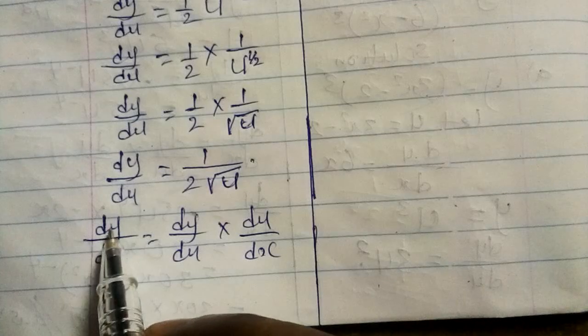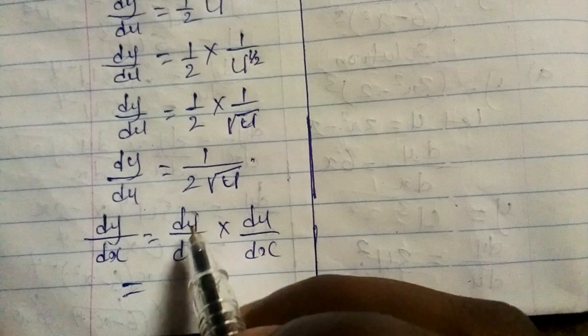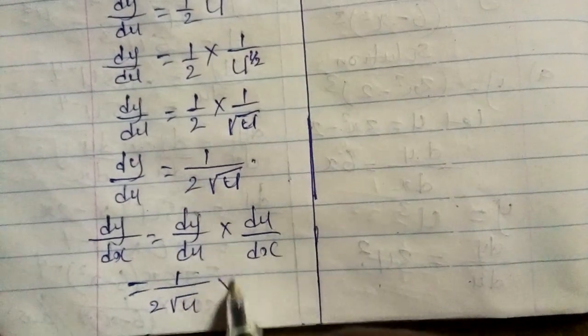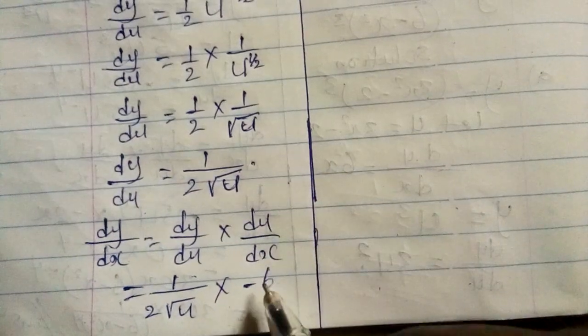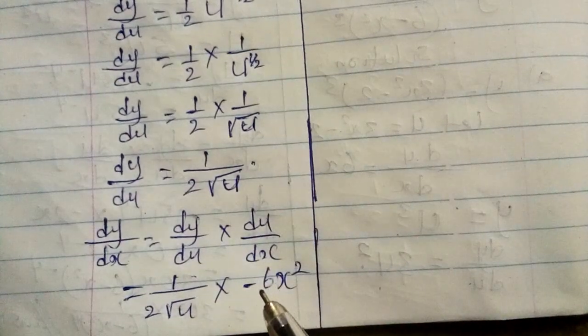We know that dy over dx will give me dy over du times du over dx, which is 1 over 2 root u times minus 6x squared. So when we multiply, dy over dx will be equal to minus 6x squared all over 2 root u.